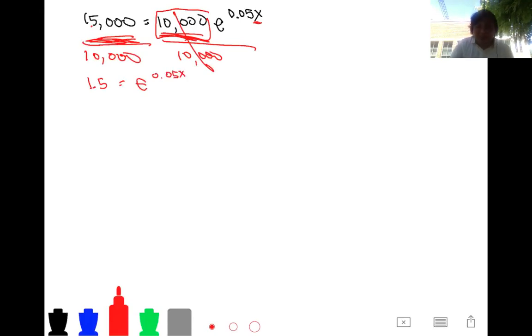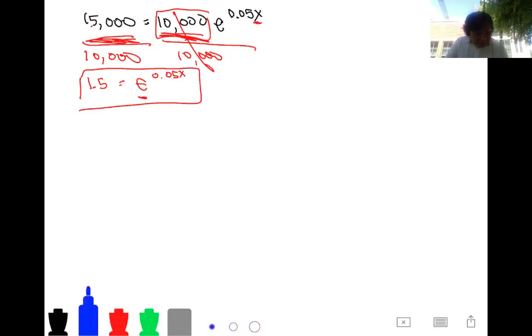So now 1.5 is equal to e to the 0.05x. Now, we are lucky because e is a special base. Since it's a special base, it has a special logarithm. Since the base is e, we use the natural logarithm.